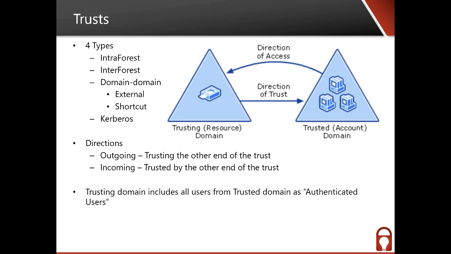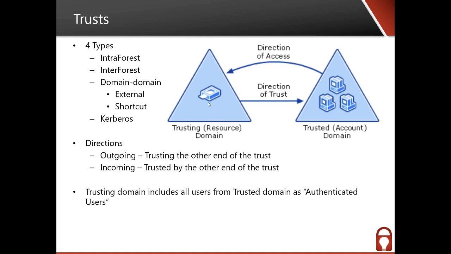Now, a trust has one of two directions. Sometimes they're called bidirectional trusts, but really that means that the trust has both an outgoing and an incoming component. The direction of the trust determines the level of access.